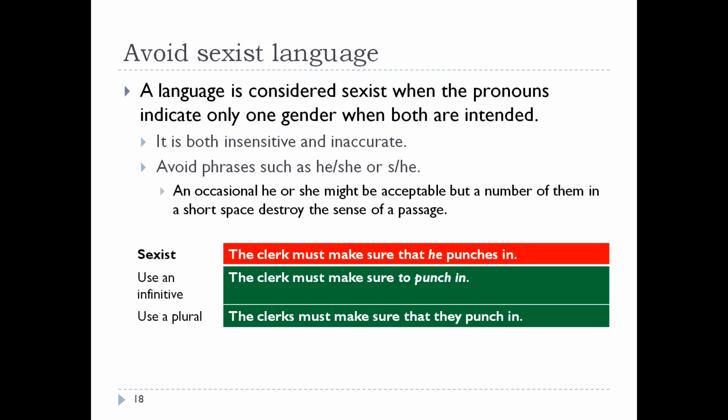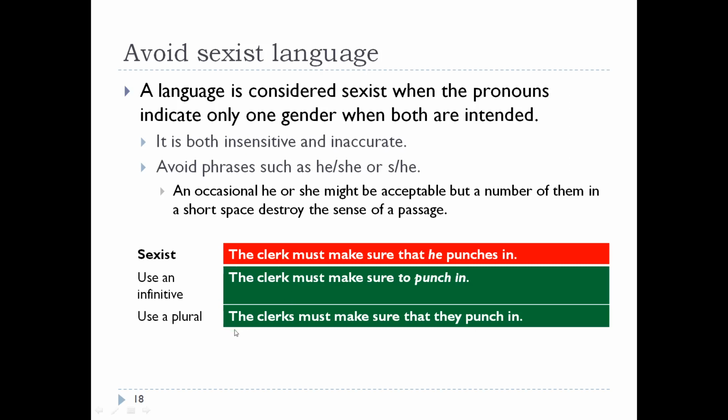First of all, you should be able to spot that the use of language here is sexist. The second thing that you should do is you can either use an infinitive. Infinitive means that you do not specify the person. If you look at this example, it will be more clear. Or you can talk in the plural.